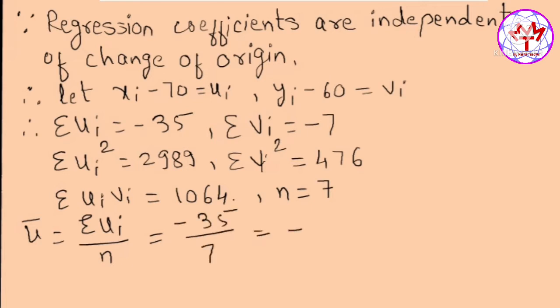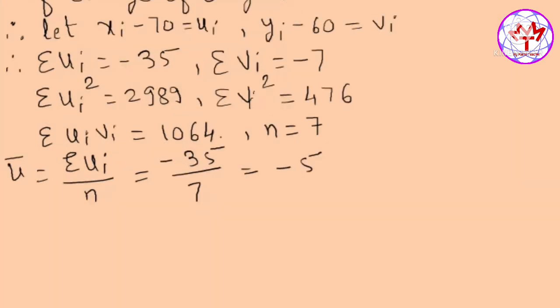So that is equal to minus 5. So now we have calculated u bar. Now we will calculate v bar. V bar will be equal to summation vi upon n. Now what is summation vi? That is minus 7. So minus 7 upon 7, that is equal to minus 1.